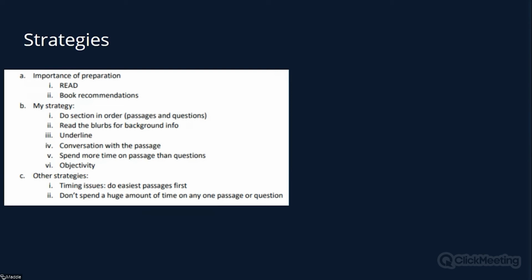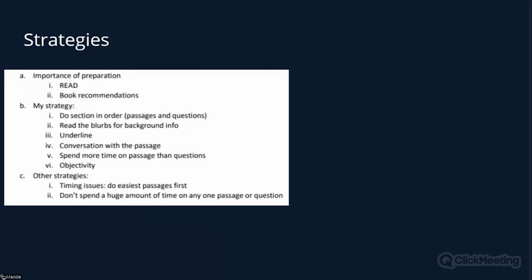If you do have timing issues, there's always a balance between whether you should rush through every single passage so that you can get to the end, or spend more time on the passages and then miss a couple at the end. I think there's a balance you have to take between those two.